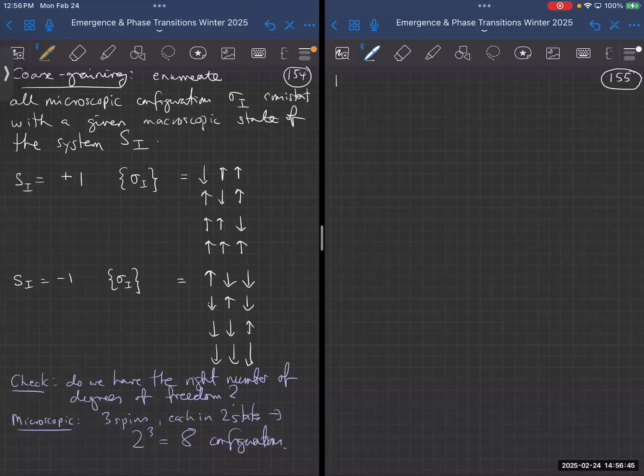If you looked, on the other hand, at the macroscopic states of the system, what would you say there? Well, you'd say, I've got two block spins. That's S I is plus or minus 1. So I've got two of those. And then for each of those, there are 4 corresponding microscopic configurations.